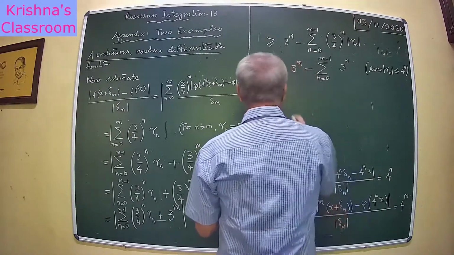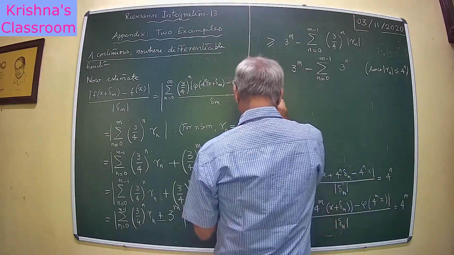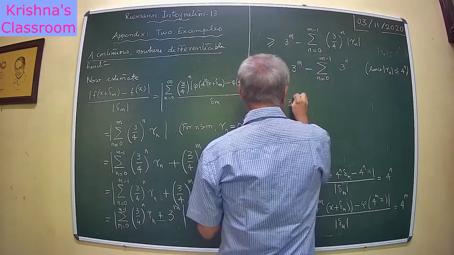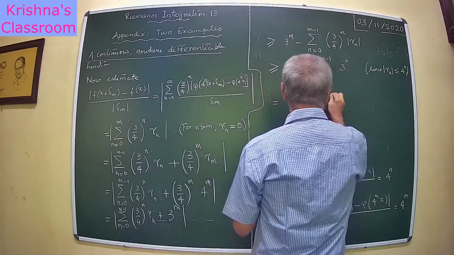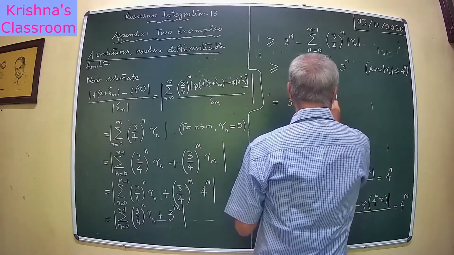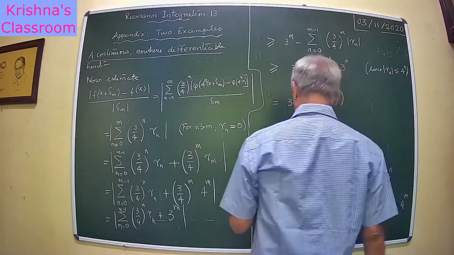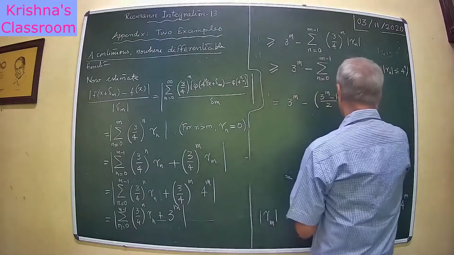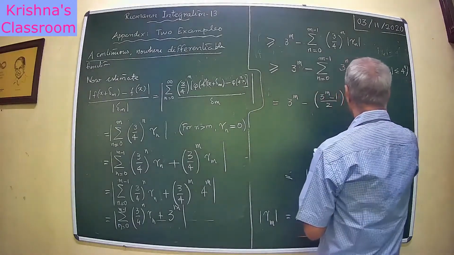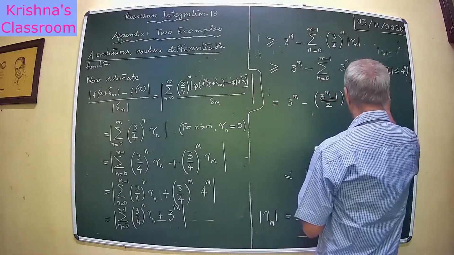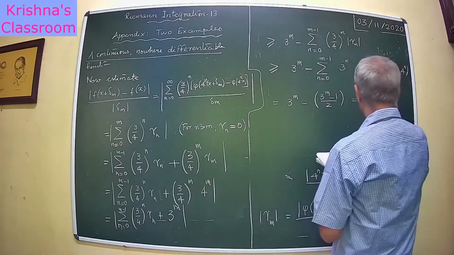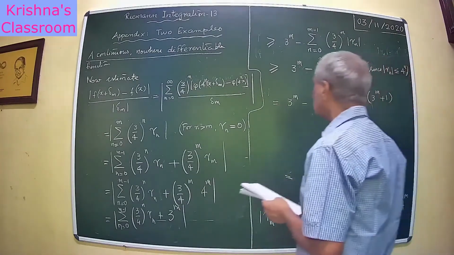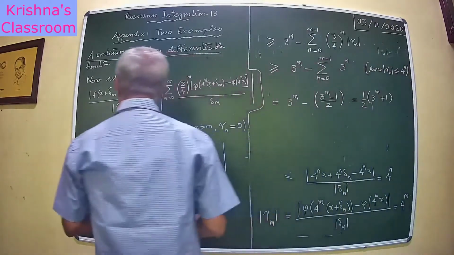To compute this, this is equal to, and this is equal to half of e to the power m plus. So one gets this inequality.